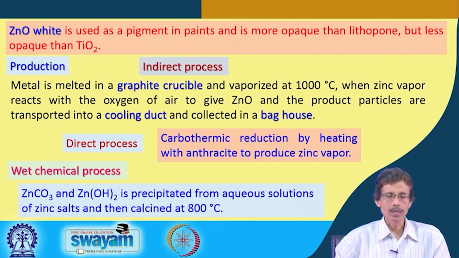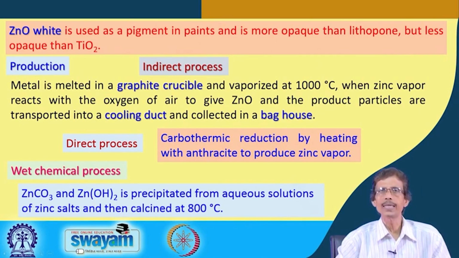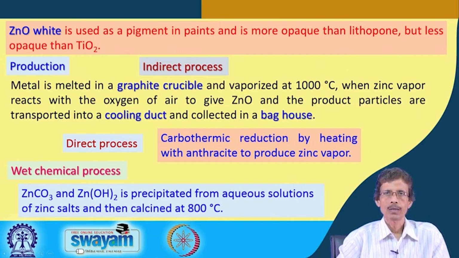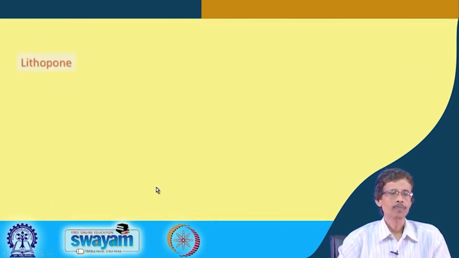Two such compounds, zinc carbonate and zinc hydroxide, can be precipitated from aqueous solutions of any zinc salt, such as zinc chloride. They are insoluble in water, and when we burn them at 800 degrees centigrade we get zinc oxide as the pigment.